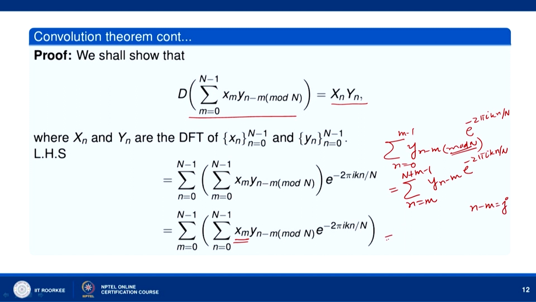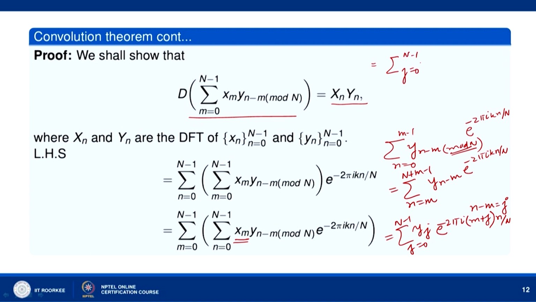So, I will be getting the sum over j equal to 0 to N minus 1 of y j, and here n will be m plus j. So, e to the power minus 2 pi i k (m plus j) divided by N.